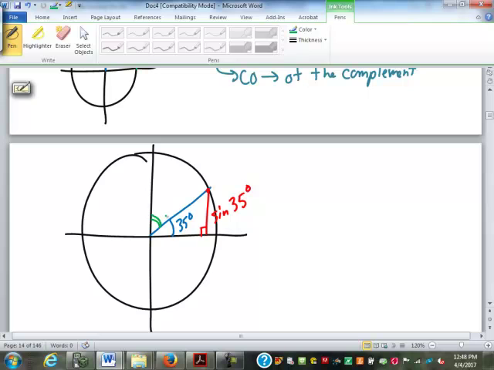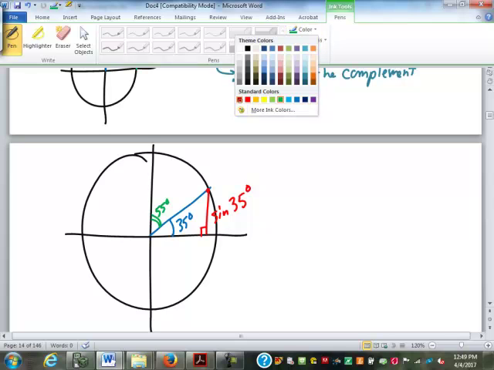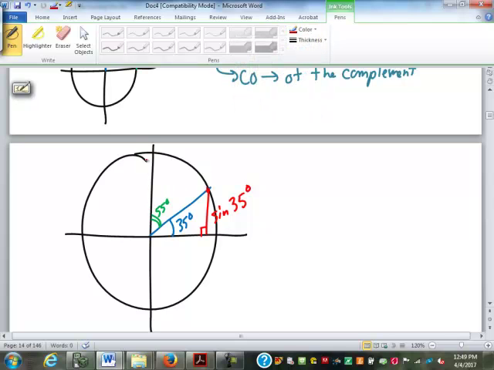The angle that's complementary to it would be right here. That's 55 degrees. The sine of 55, I could flip it around, or I can just change my reference diameter to be the vertical diameter. This distance here would be the sine of 55 degrees, or the cosine of 35 degrees, the sine of its complement. Does this make sense?